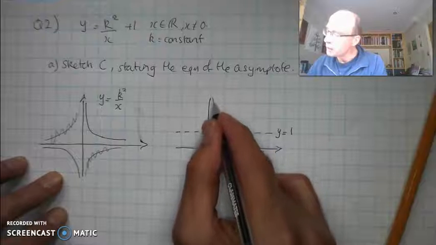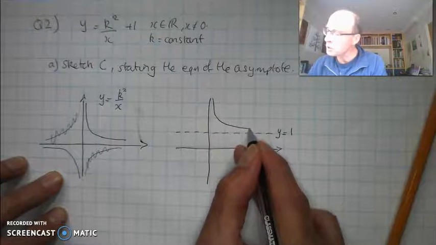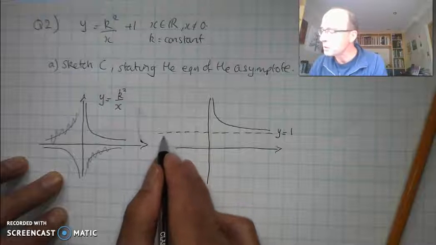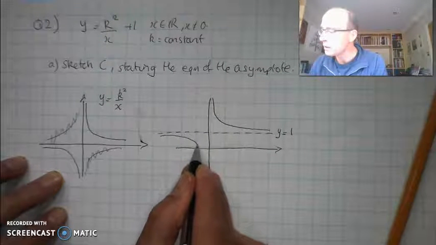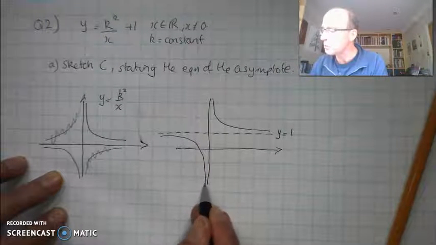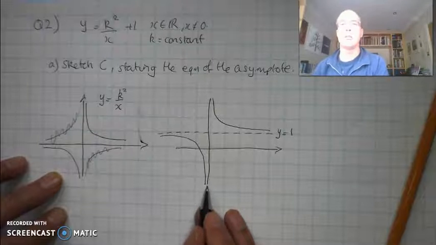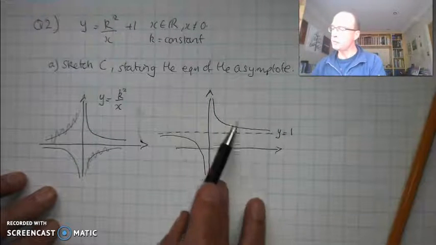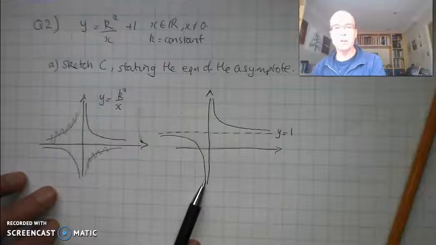My curve is going to come down and be asymptotic with my y equals 1, and it needs to be asymptotic underneath, and it's going to come down asymptotic with my y-axis. Okay, so we should have two parts of the curve drawn on.